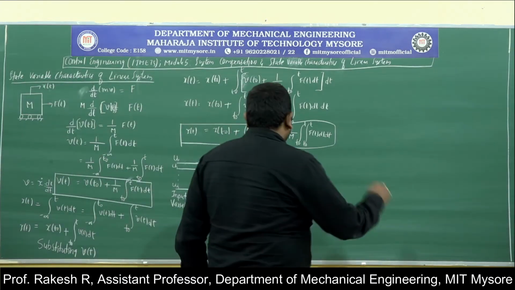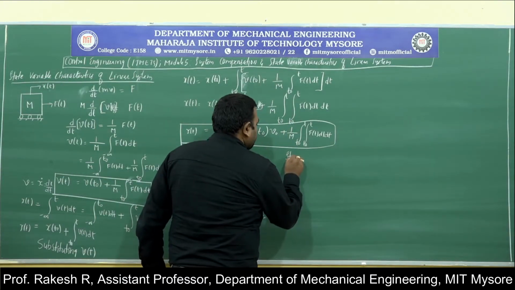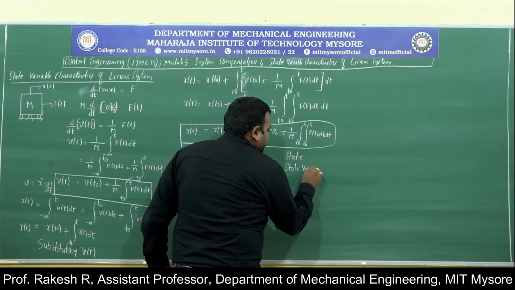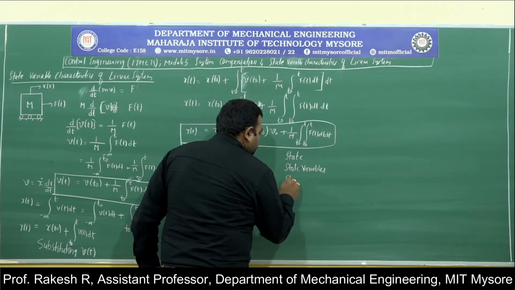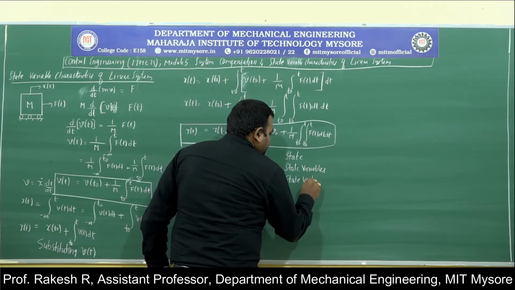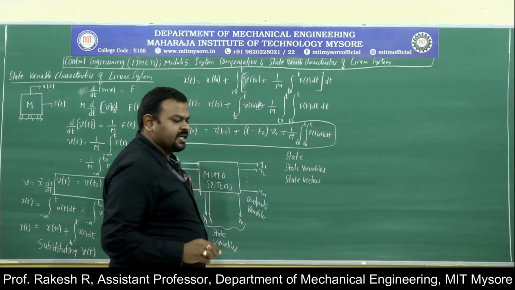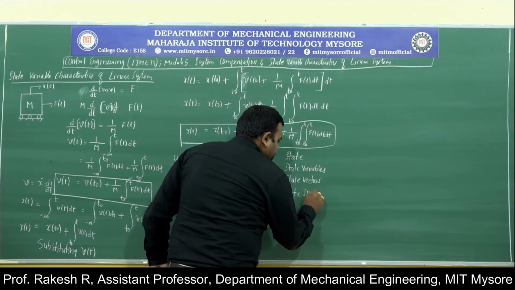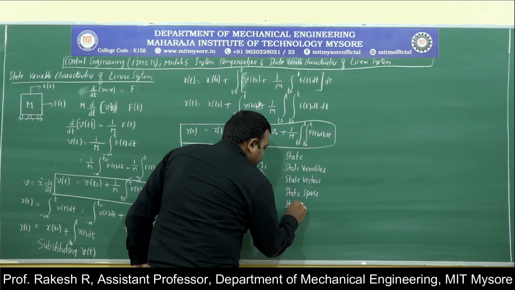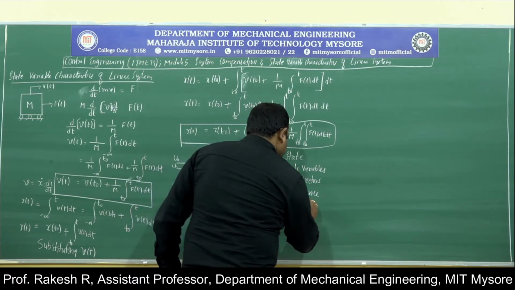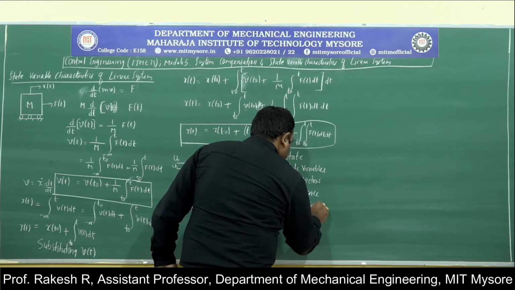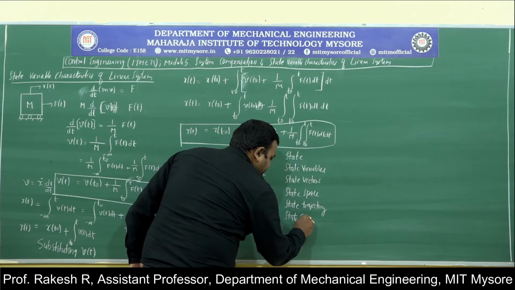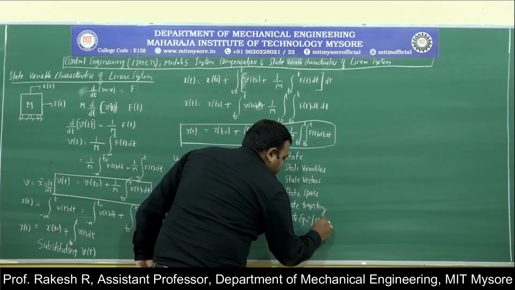Let us see some of the important definitions. Here you have to know what is state, then state variables, then state vectors, then state space, then state trajectory, then state equation or state model.